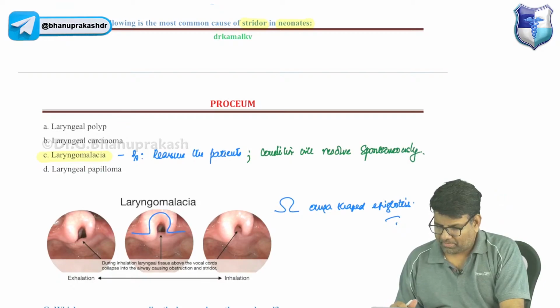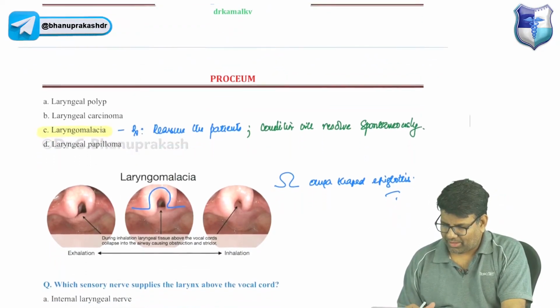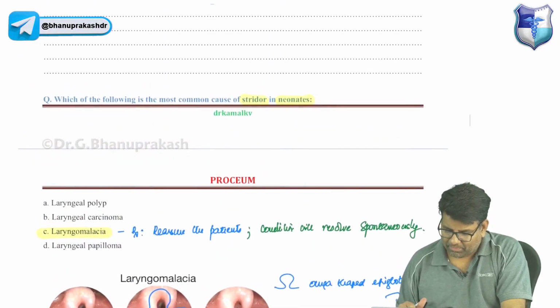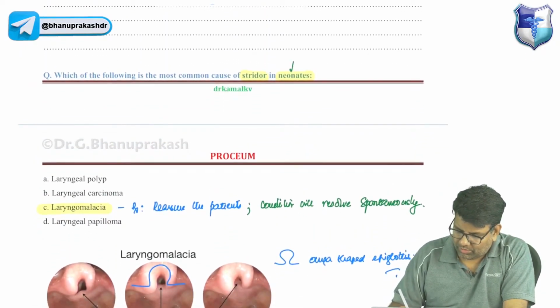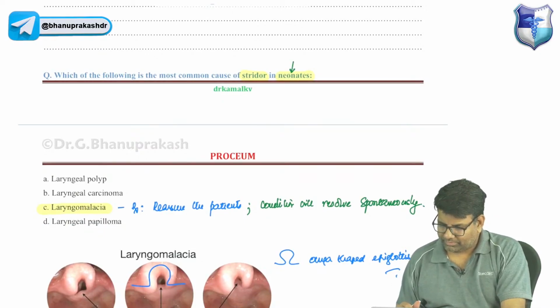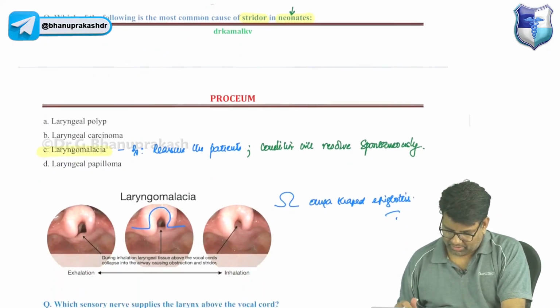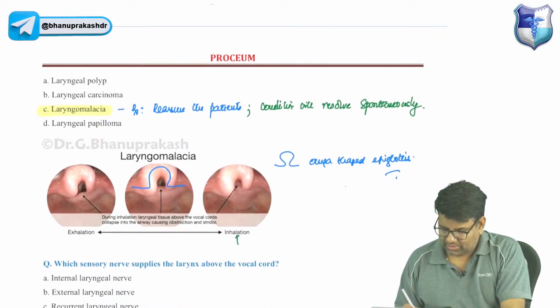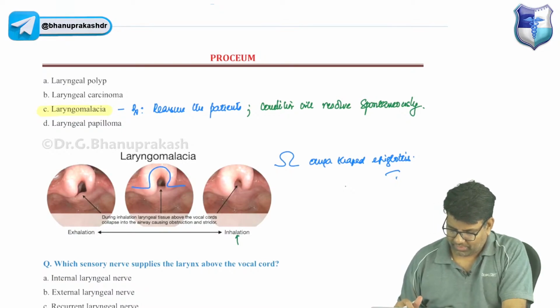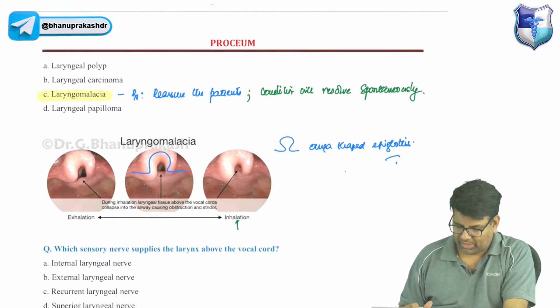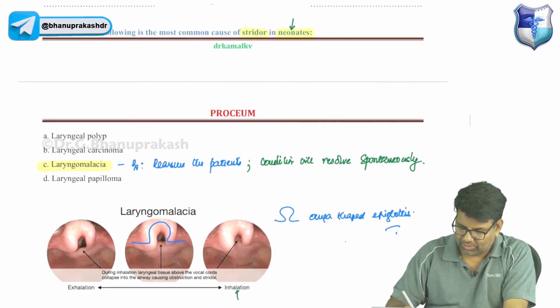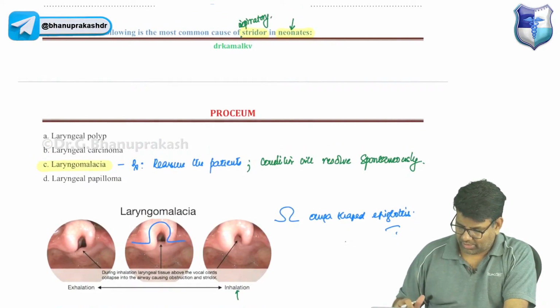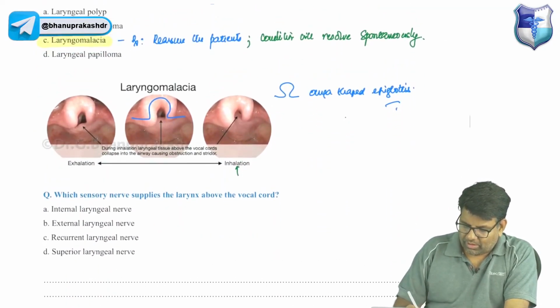This is related to neonates. Whenever the child inhales, there is indrawing of this epiglottis, and this creates stridor. So this is the cause of inspiratory stridor in the newborn. So laryngomalacia.